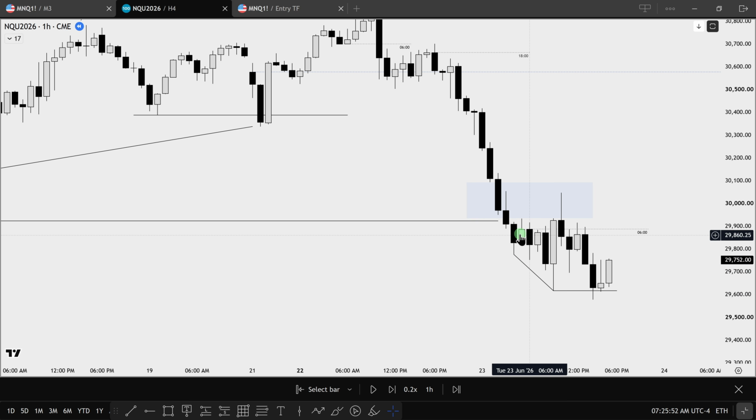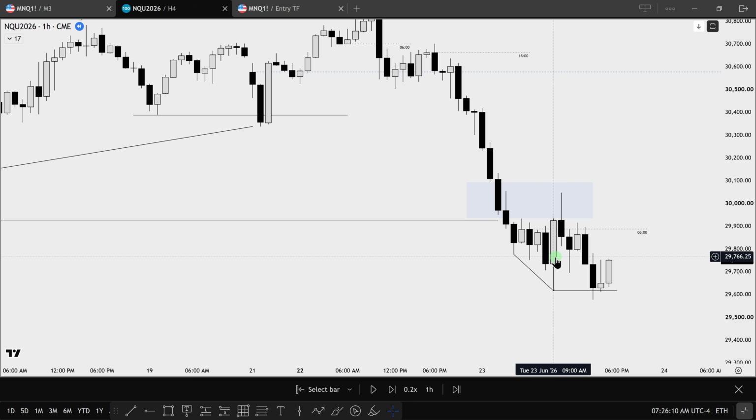Also look at this. Before we go back, look at all this low resistance liquidity right here, all of these highs. That's already telling us that even if we continue lower to take out all these lows, then we would have to go back.